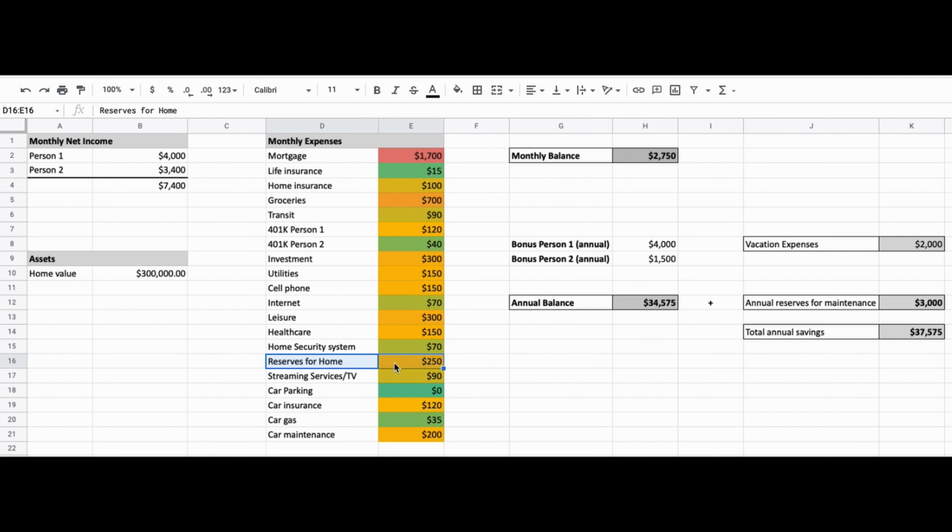Lastly, do not forget that one of your expenses is actually not an expense, but just a movement of your money to a savings account or whatever instrument that you decide to use. I'm talking about the reserves for the home. Whatever percentage you decide to save, it is actually within one of your bank accounts.